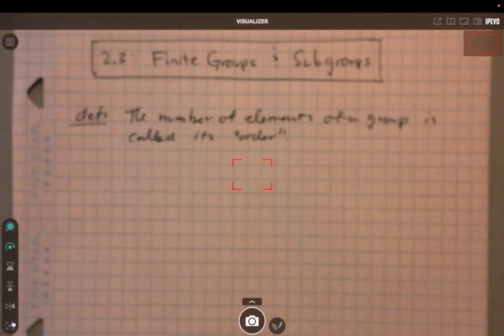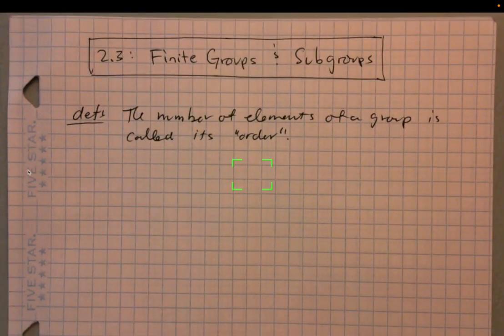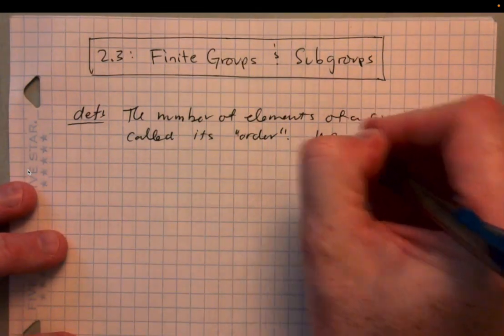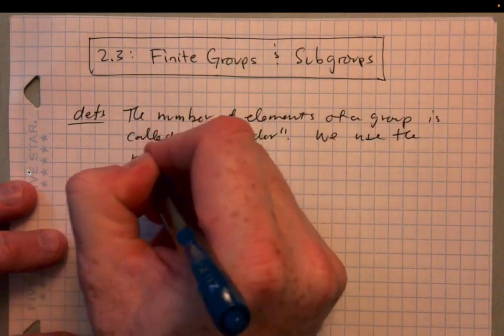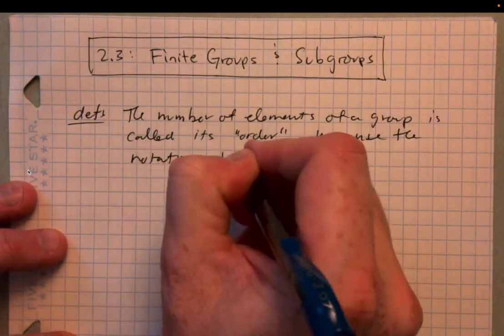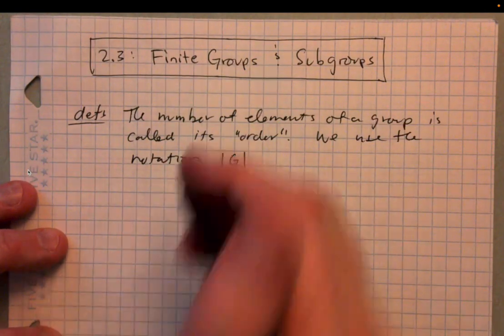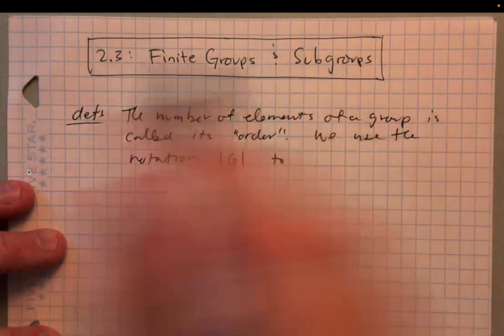Say the order of a polynomial has to do with the highest exponent, the largest exponent of the polynomial. In group theory, it's a little different. The order of a group has to do with the count of the number of elements in the group. Now, the order of a group can be finite, obviously, or infinite. Okay, and for the notation, we use this notation to denote the order.